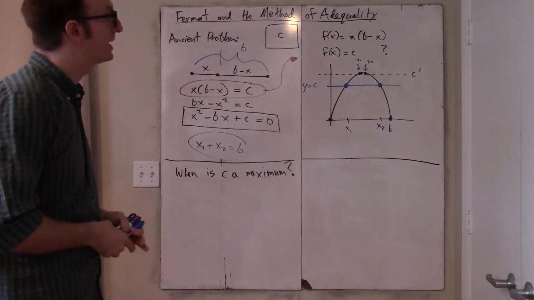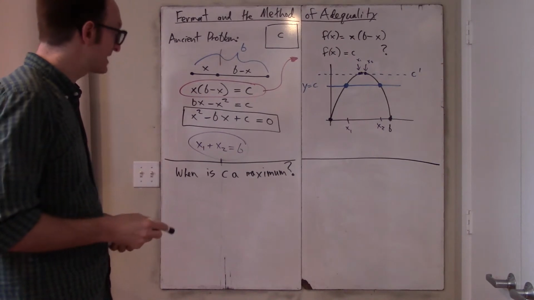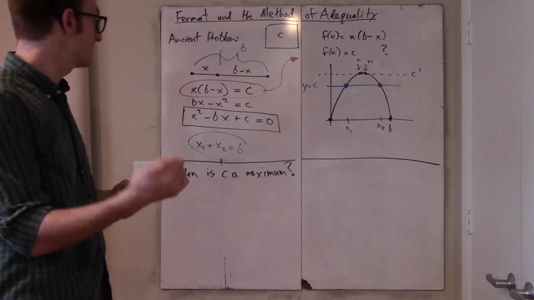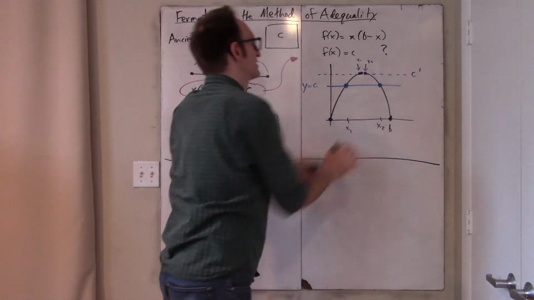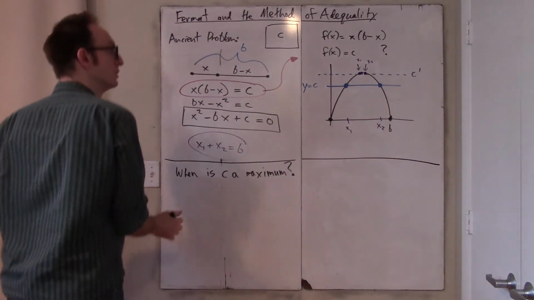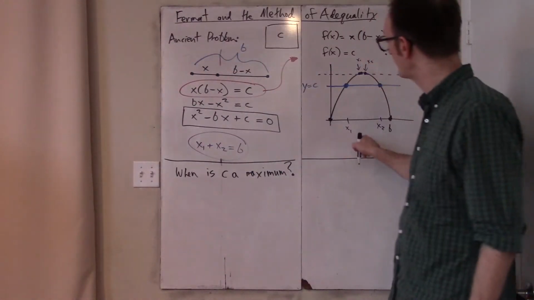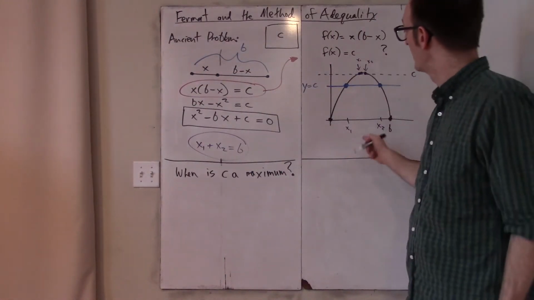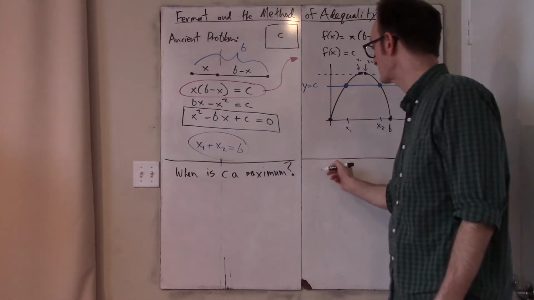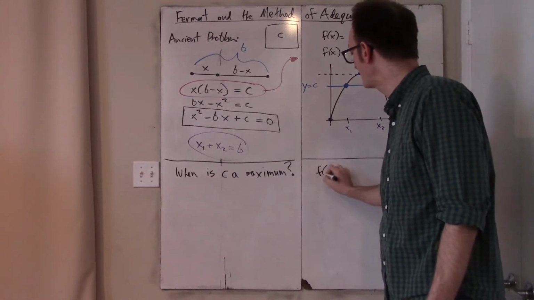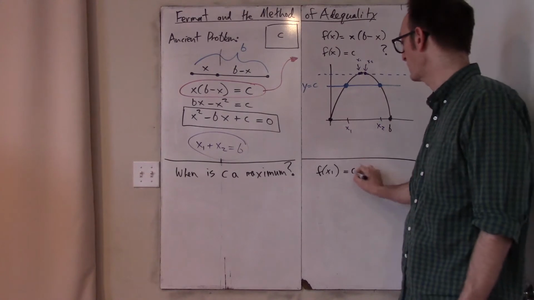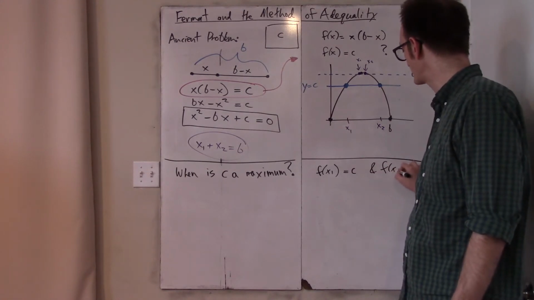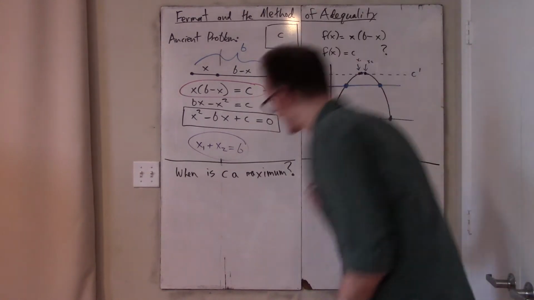Okay, well that's kind of interesting, and then Fermat says, okay, suppose, what are some properties of these two roots? Maybe it was actually better to do this fact first, because it's true for both of these roots, x1 and x2, that f of x1 is C, of course, and that f of x2 is C. Okay, so what does that tell me?